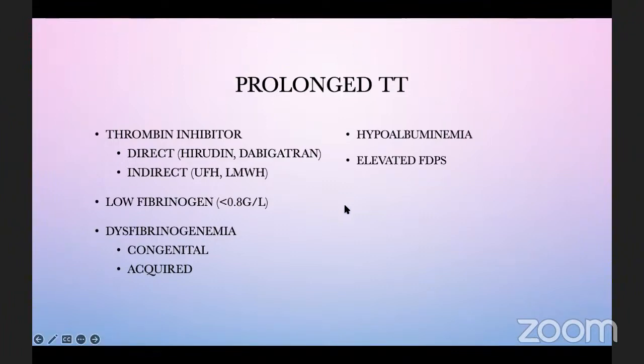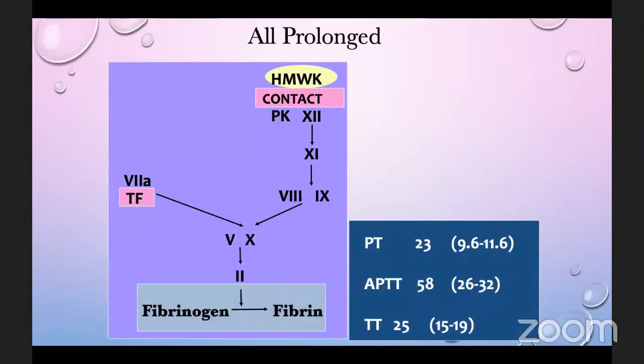However, there are non-specific conditions whereby your thrombin time can be prolonged, and this is in the presence of hypoalbuminemia or elevated FDP. So FDPs also act like an inhibitor to your fibrinogen in vitro.